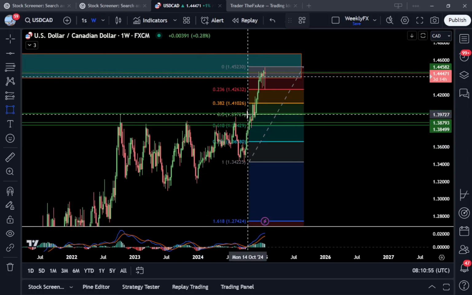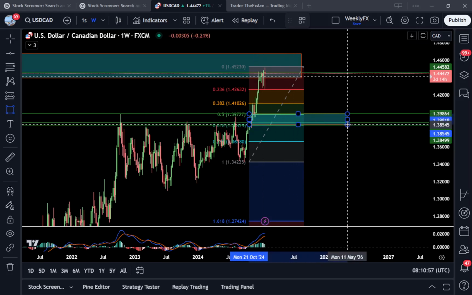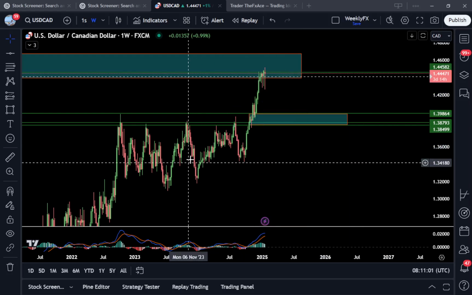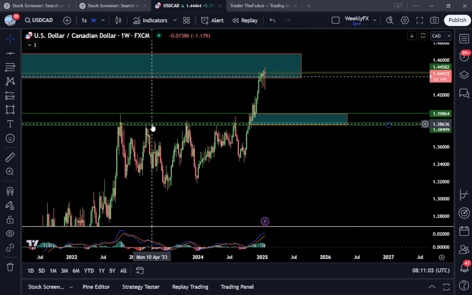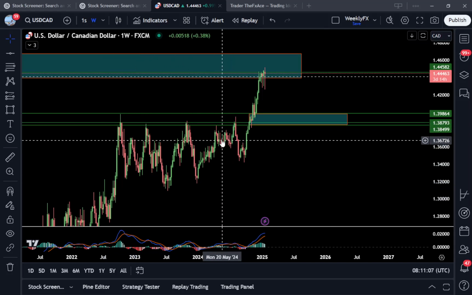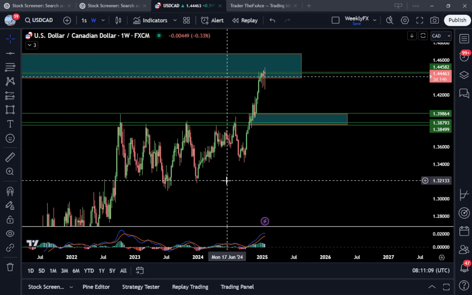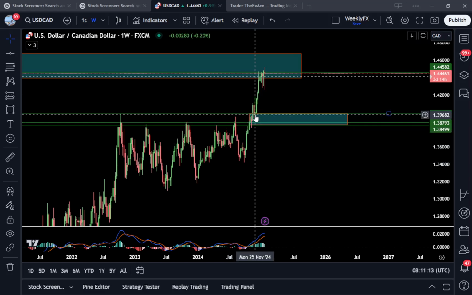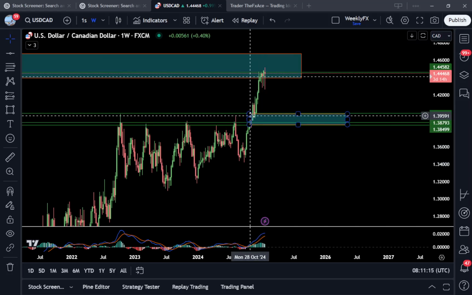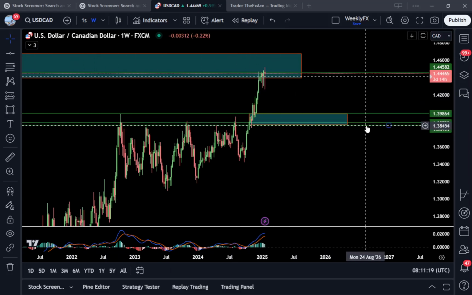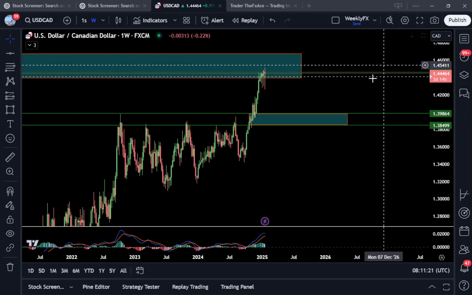So this is kind of the box area here. Those targets line up nicely with the previous resistance, which was that 2-year range between 139 and 132. We did get the breakout from this move in September, so this will be a likely target, and I highly suspect price will be drawn straight down to there.